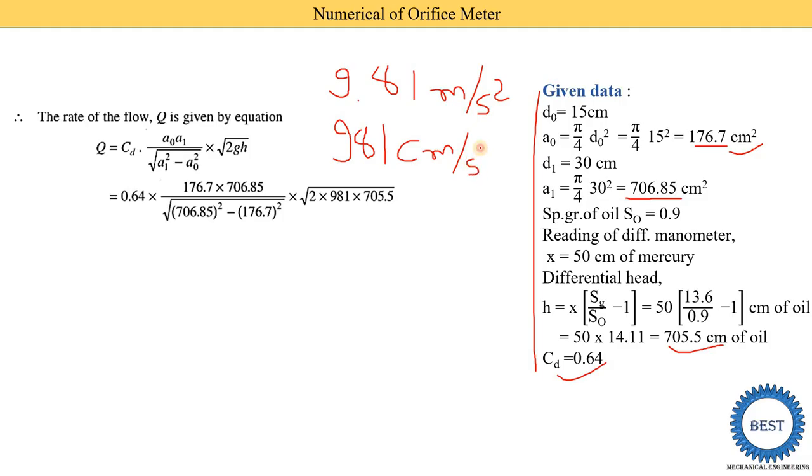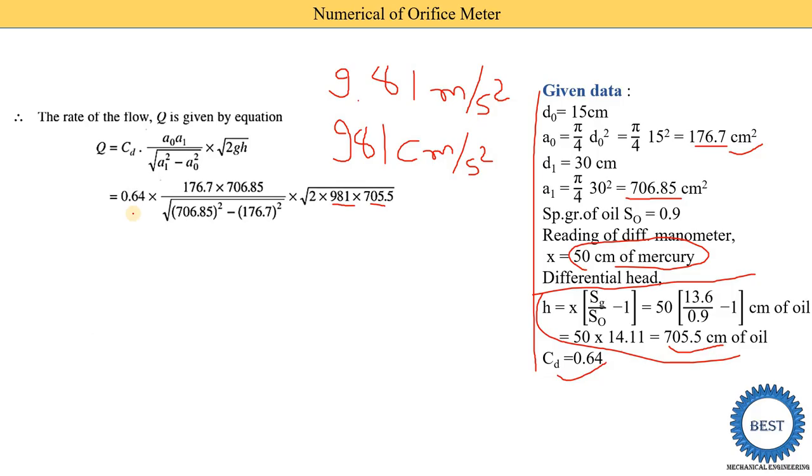So value of g is 981 centimeter per second square into h. So h is 705.5 centimeter of oil. So we put it as it is because it is already in centimeter of oil. First it was in centimeter of mercury, then by using this equation we converted it into centimeter of oil.